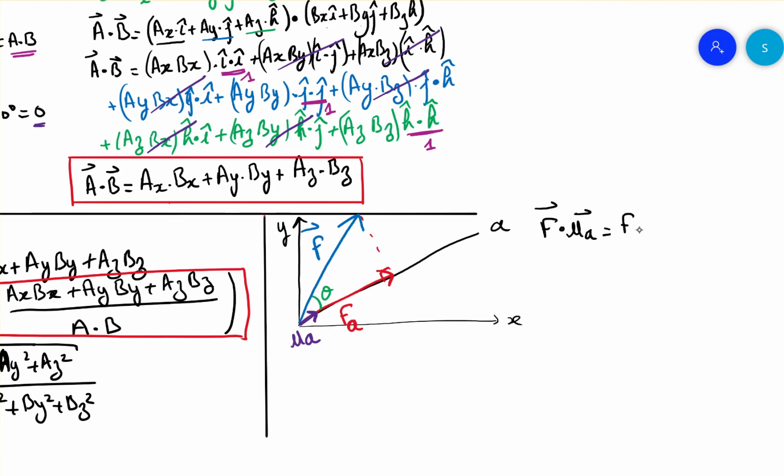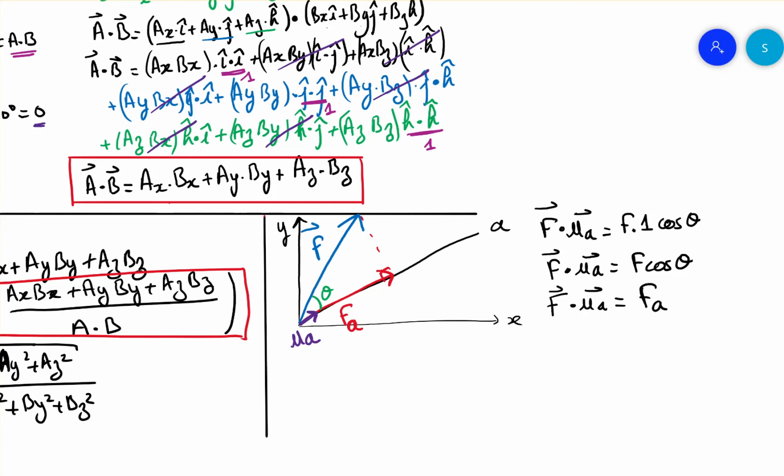F, the magnitude of F, times the magnitude of UA, that is 1, times cosine theta. So F dot UA is equal to F cosine theta. What is F cosine theta? F cosine theta is FA. So F dot UA is equal to FA. That's the component of the force F along the axis A.